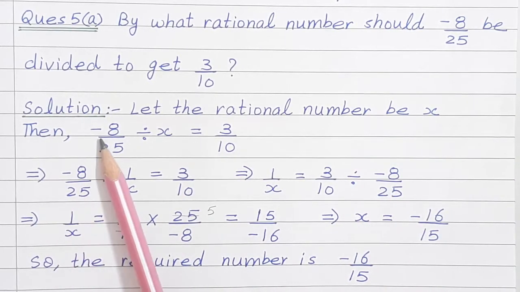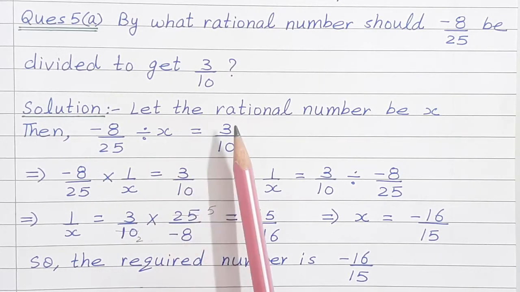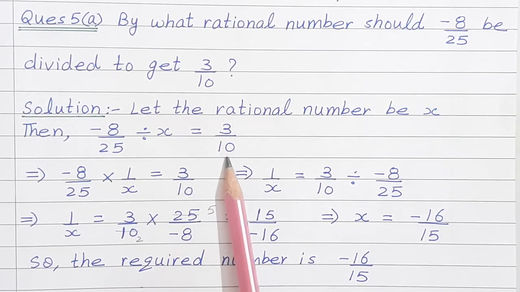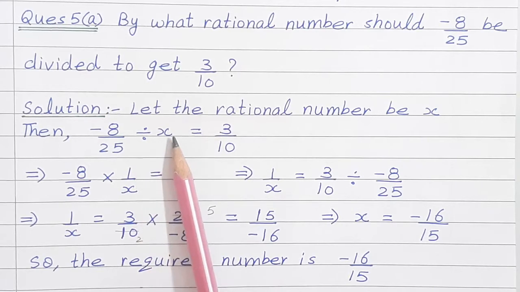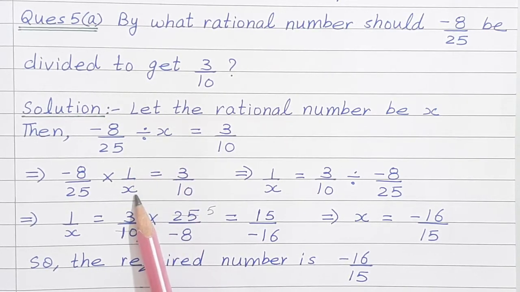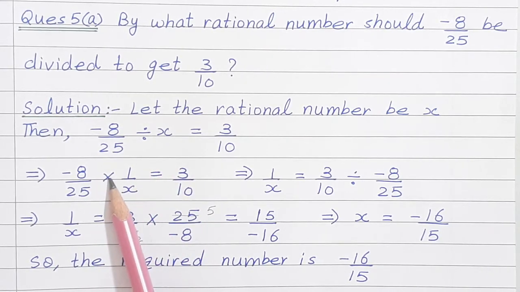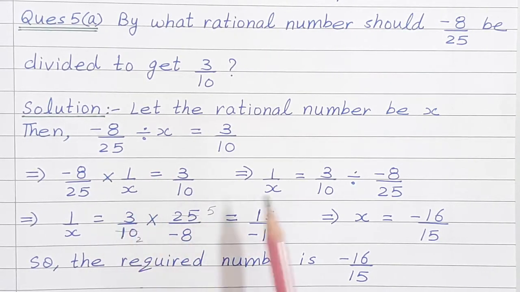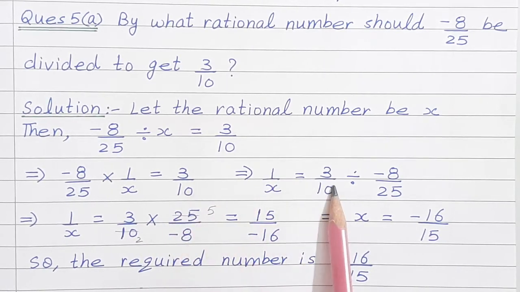Then minus 8 upon 25 divided by x is equal to 3 upon 10. Now students, here after division sign it is x. So x will become 1 upon x. That is, we take the reciprocal and put the sign of multiplication. So here 1 upon x is equal to 3 upon 10.